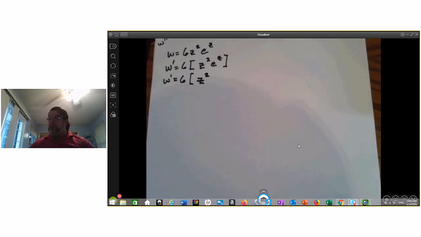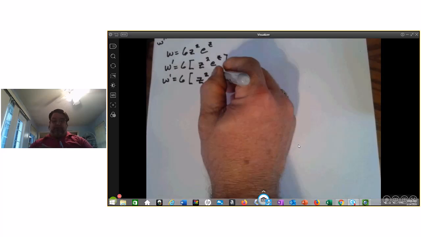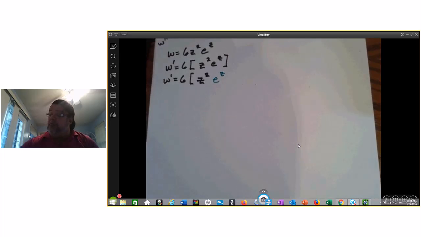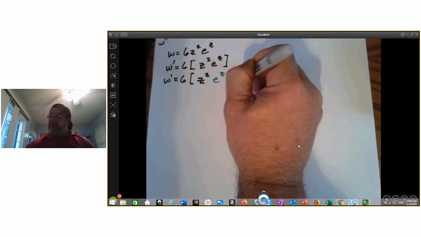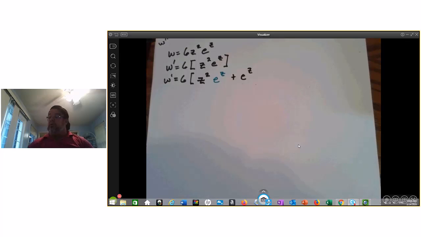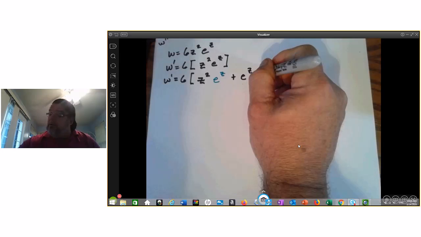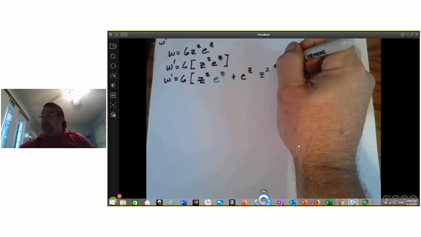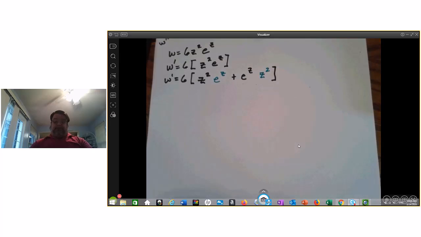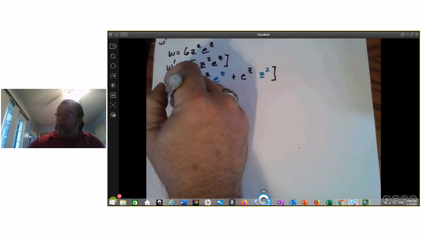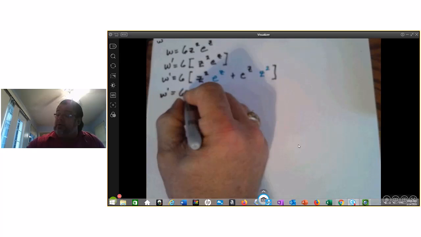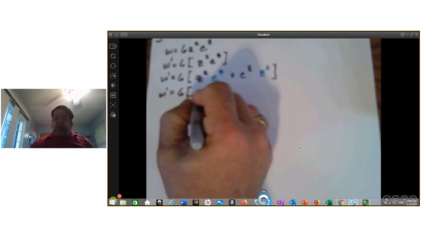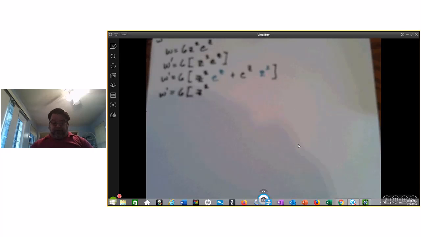plus the second times the derivative of the first, and take the derivatives. That's going to leave you with W prime is equal to 6 times z squared, and I'm going to go ahead and take the derivative of e to the z.